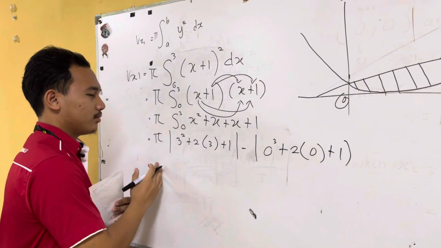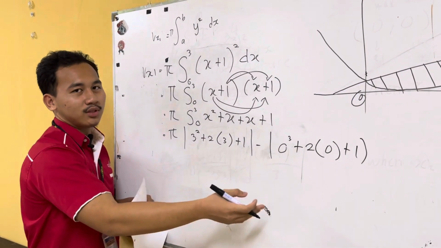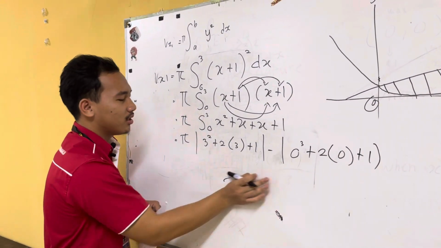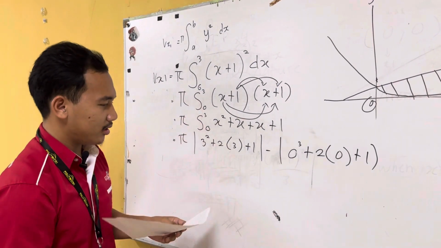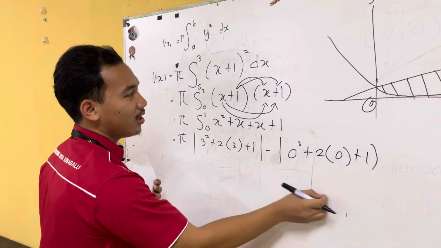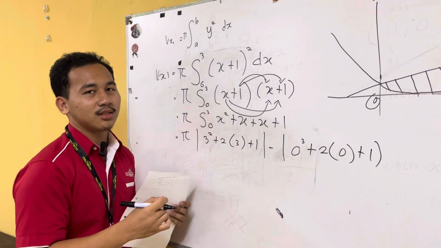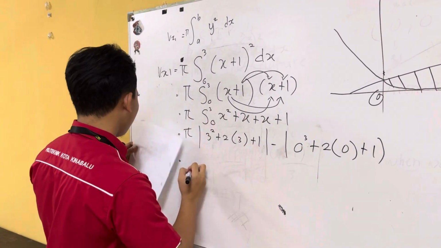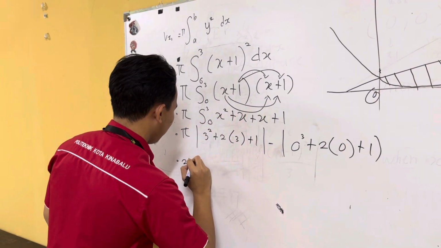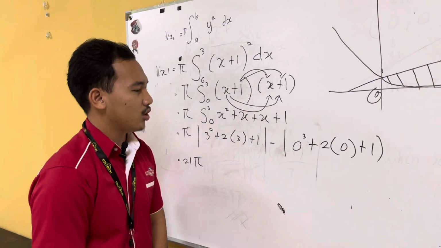So this is the final equation that we got. And then when we calculate all this with the calculator, the final answer we get is 21 pi. So that's all from me.